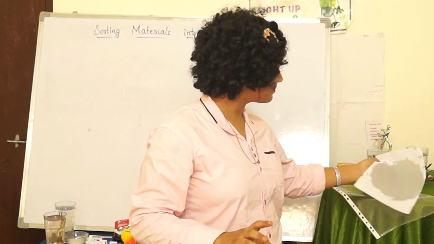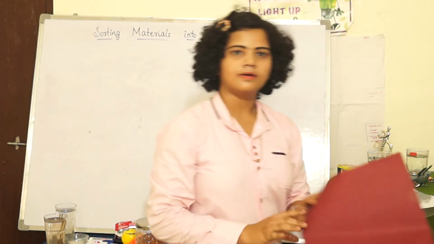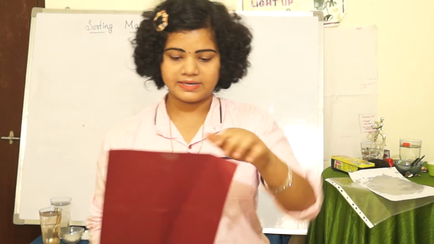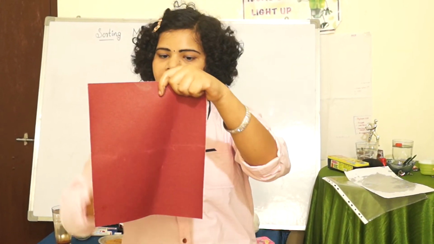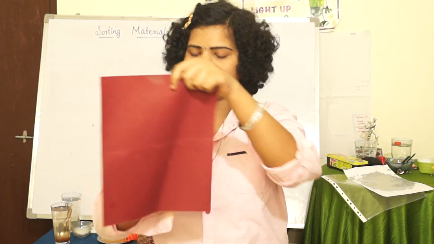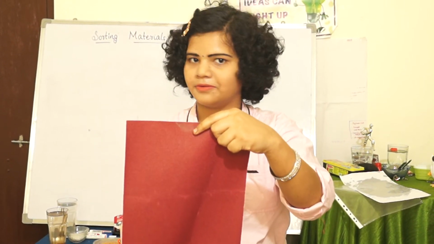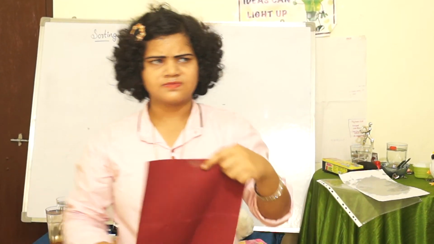And the next one is sandpaper, or we can also take a book, but I'm using sandpaper here. I placed my hand behind this sandpaper. Can you see my hand through this sandpaper? No. Think of hide and seek.